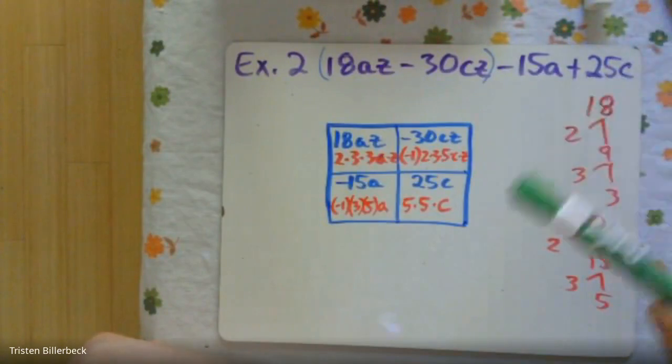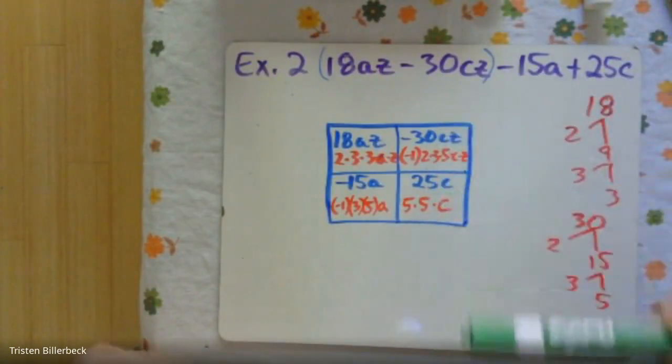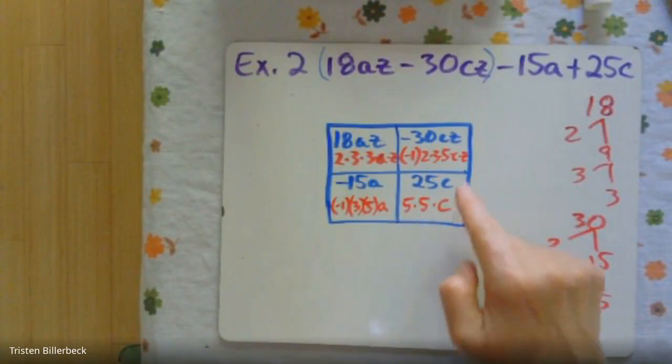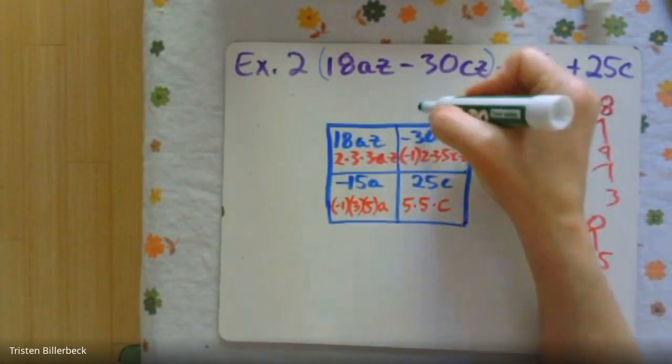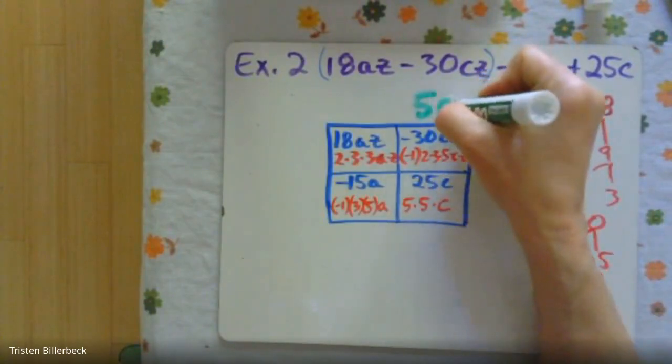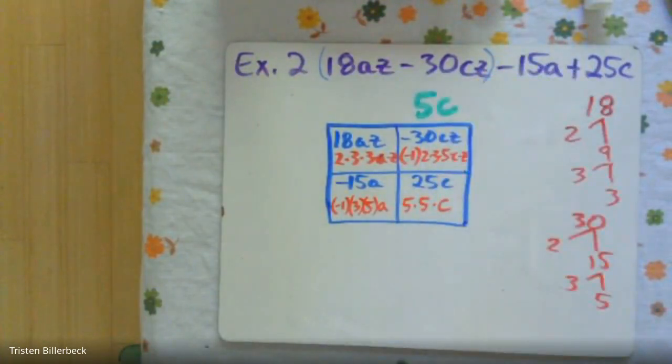So when we look at what's alike here, we see we have a 5 and a C and a 5 and a C. So let's take a 5C out.